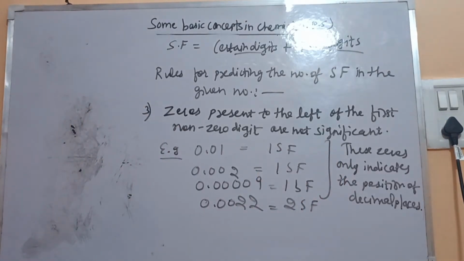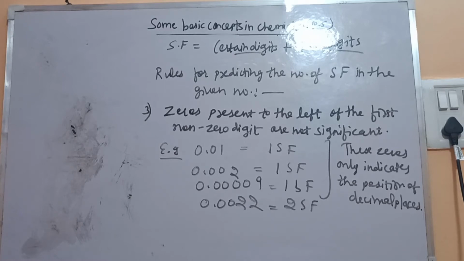So these are the rules, and other rules are also there. Just go through the 3 rules that we have seen. First, all non-zero digits are significant. Second, zeros between two non-zero digits are significant.